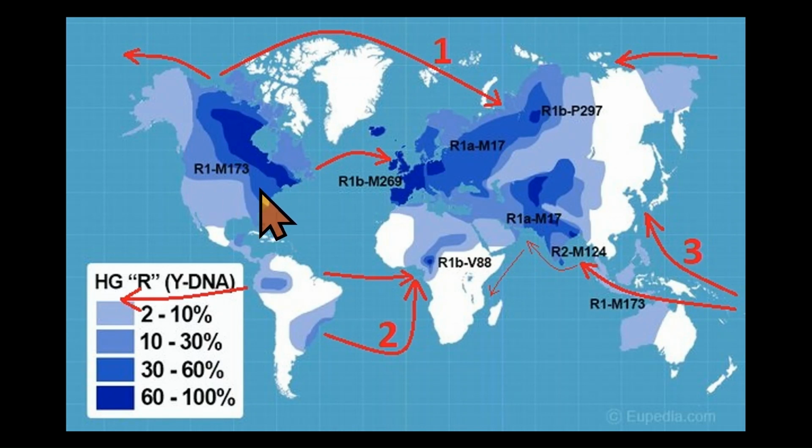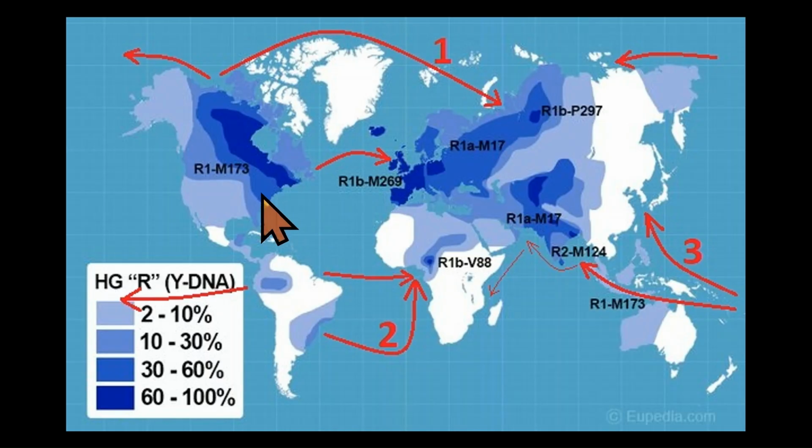One more thing, there is R1b in North America, but it's not marked here. And consensus explains that it is a consequence of the conquest.